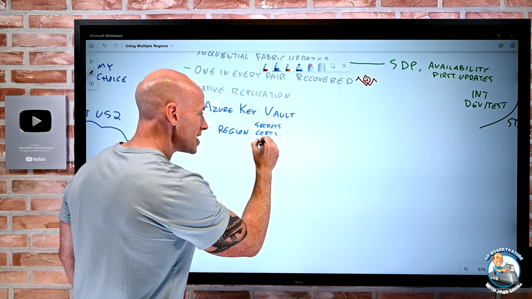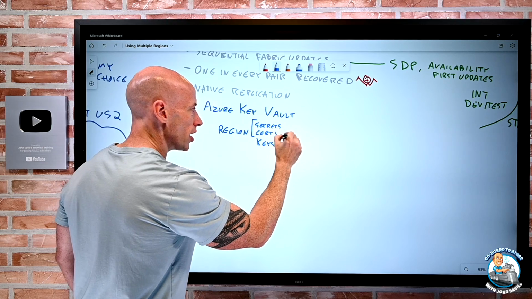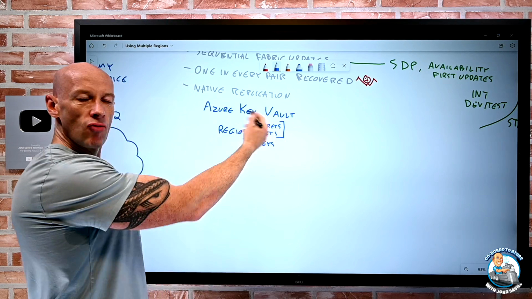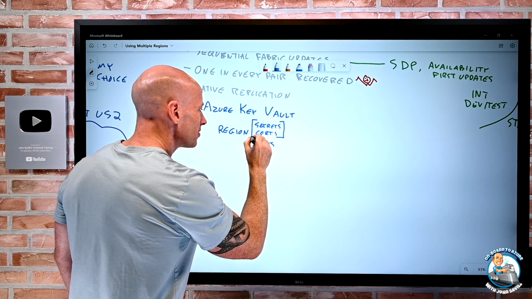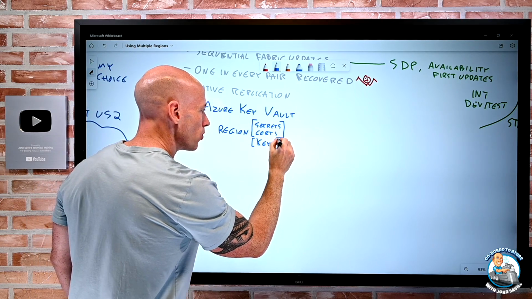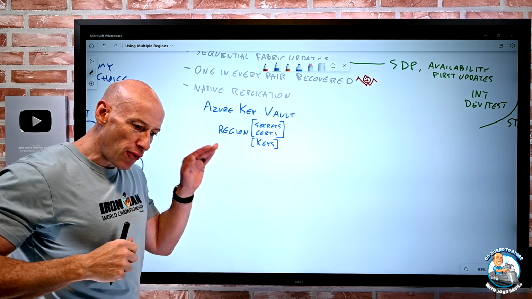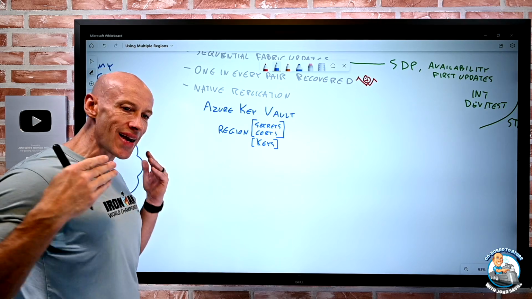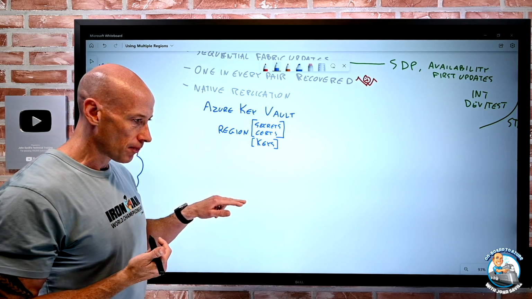And then I have keys. And keys are very different. Secrets and certs are easily writable and readable. I can get them in and out anytime I want. Keys, I either generate them inside or import them in, but I can't then read them out again. I have to perform the cryptographic operations within the Key Vault. I can't just grab that key and put it wherever I want.